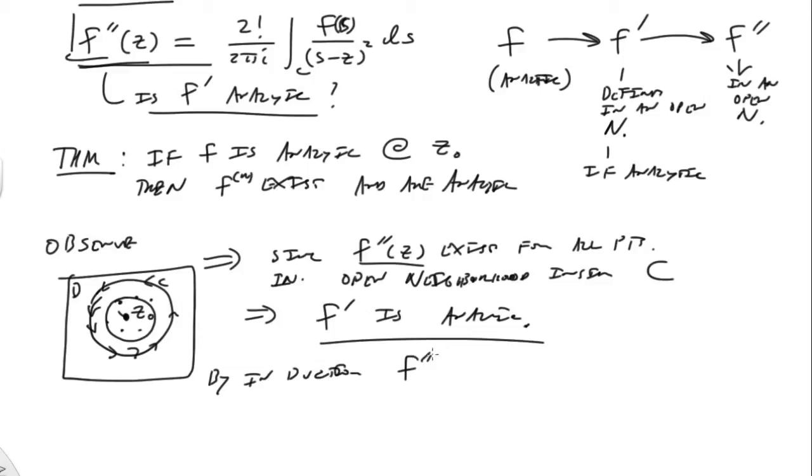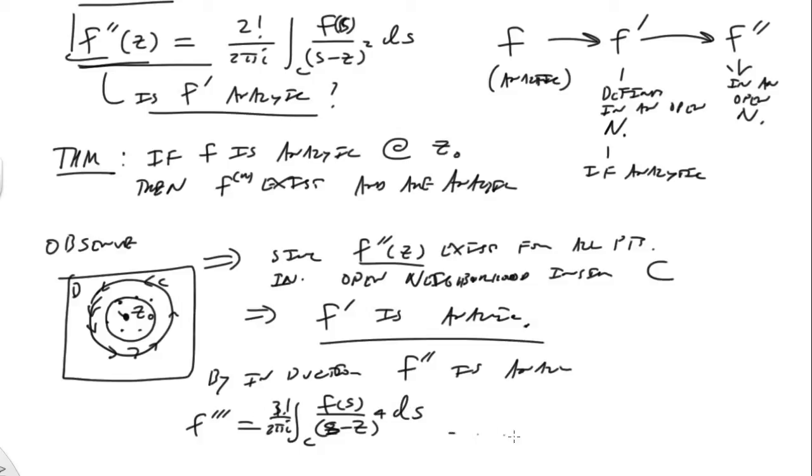F double prime is analytic, because I can write f triple prime as simply 3 factorial over 2 pi i times the integral over the contour C of f of s over (s minus z) to the 4th power ds. We could do the same argument there, and so by induction f triple prime is analytic, and so on and so forth forever.